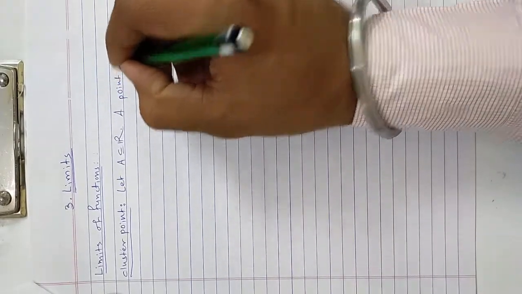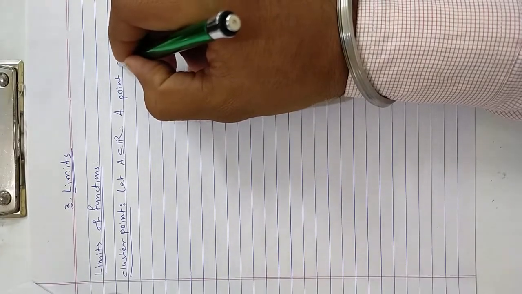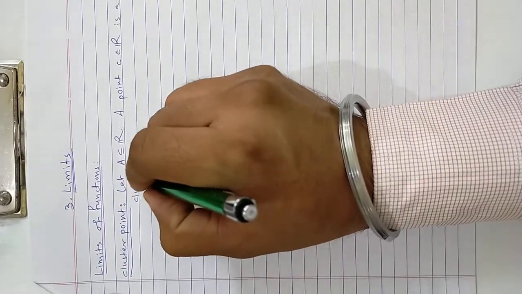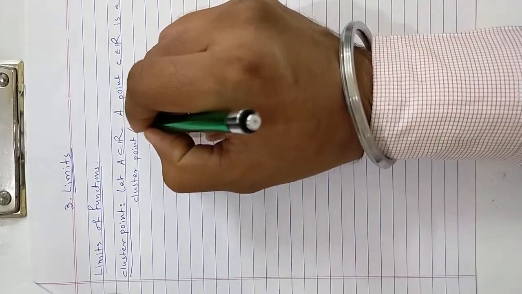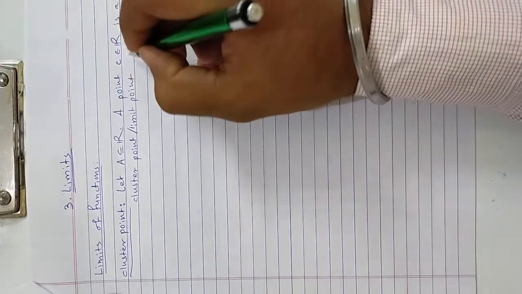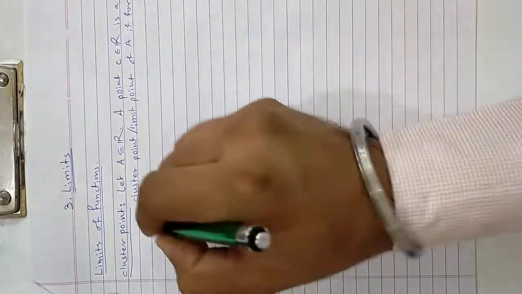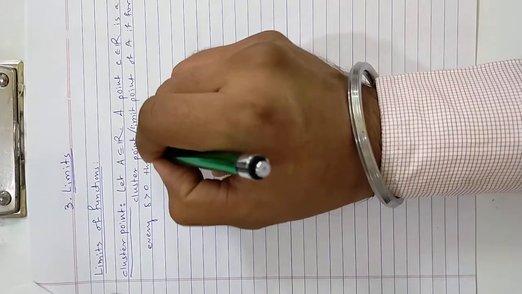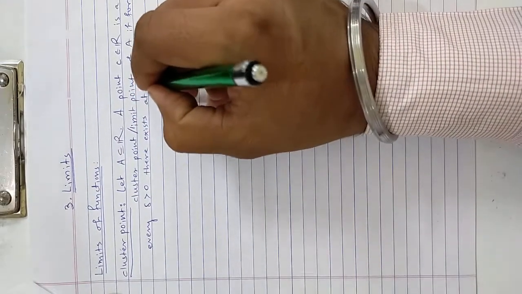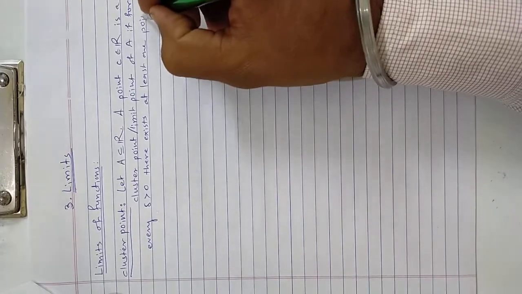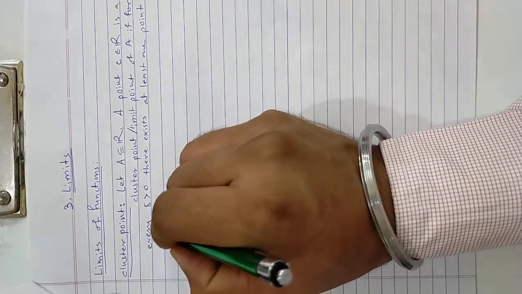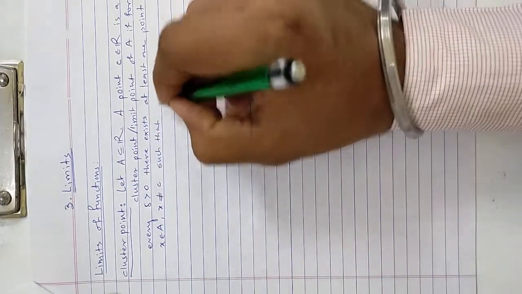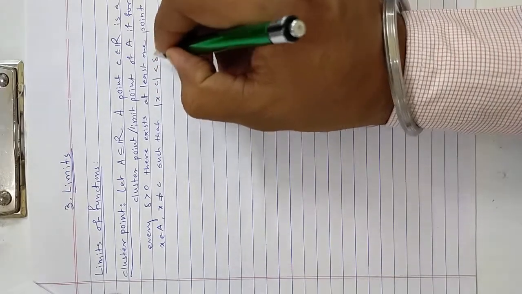A point C, which is a real number, we call a cluster point or limit point of A if for every delta greater than 0 there exists at least one point x in A with x not equal to C, such that the absolute value of x minus C is less than delta.